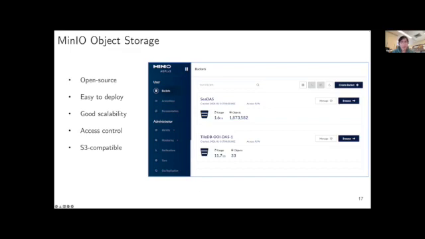As an object storage, it has good scalability. More importantly, it provides access control through credential keys and secrets granted to users only with proper permissions. It also uses the same API as AWS S3. The researchers could upload the data to the cloud, and their code would need very little modification to work on AWS.